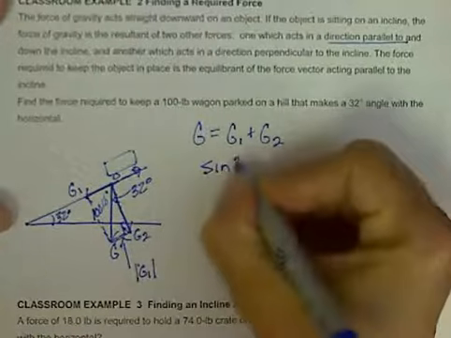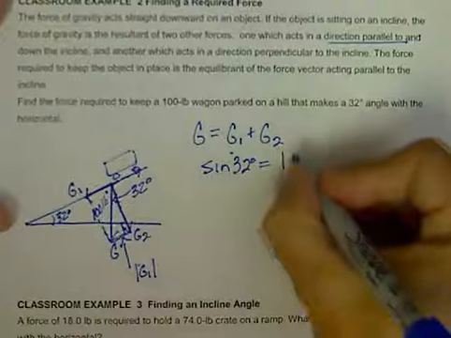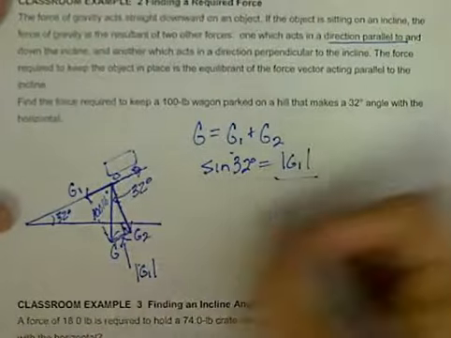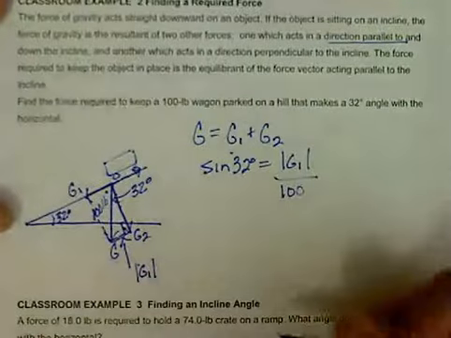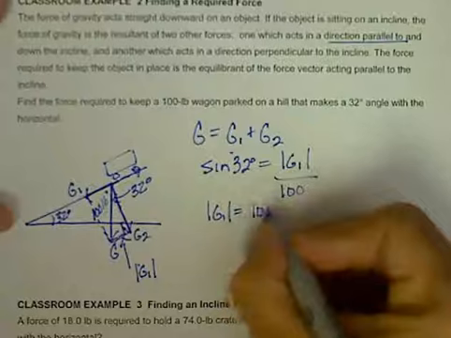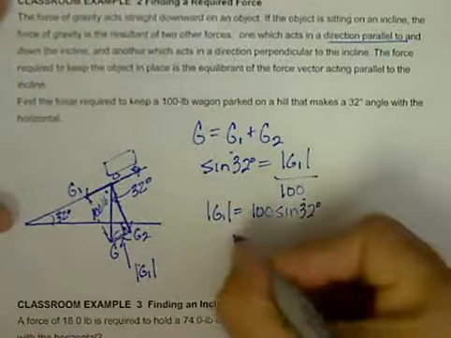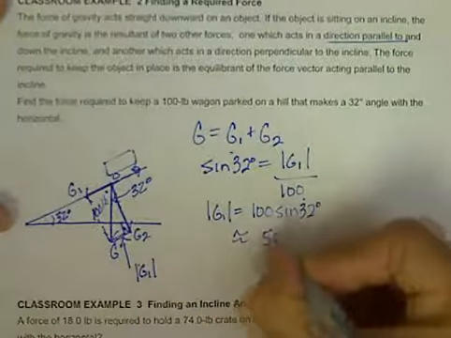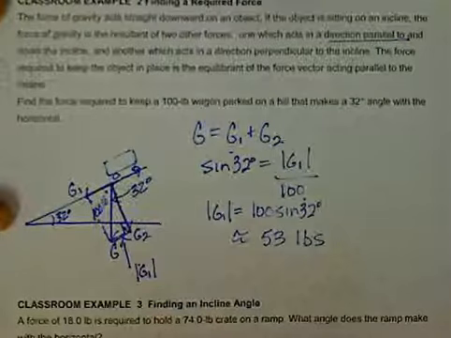So the sine of 32 degrees would be this magnitude divided by our hypotenuse, which is 100. That means the magnitude of our force that we're looking for would be 100 times the sine of 32 degrees. That would turn out to be approximately 53, and our units were pounds.